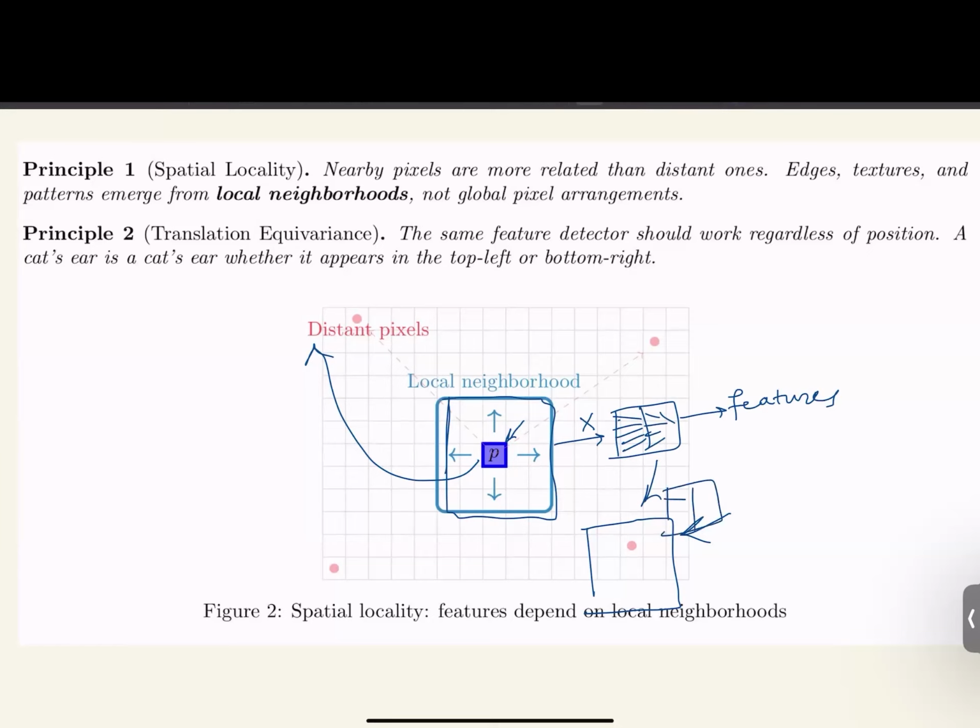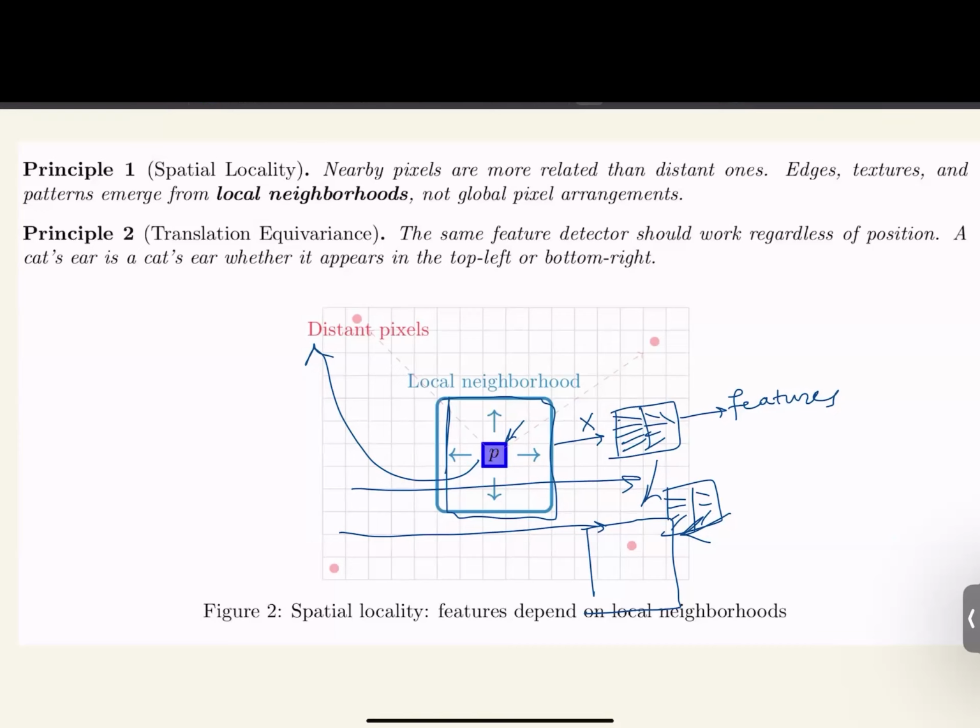So we don't want to train another one. It's basically the same neural network that we are moving or sweeping the image with. And it works the same, with the same parameters, looking at these patches of image and giving out the features.